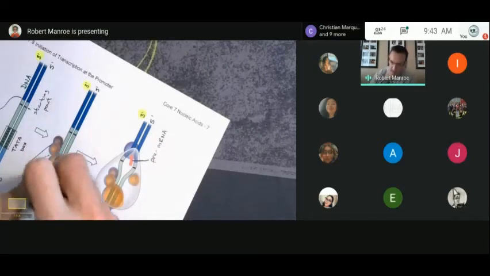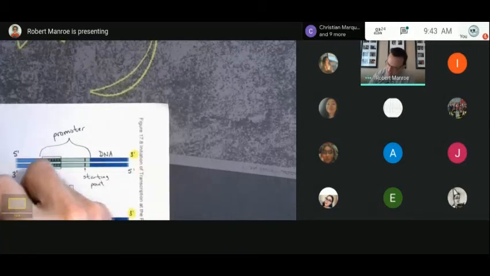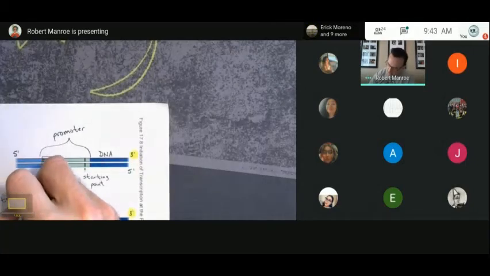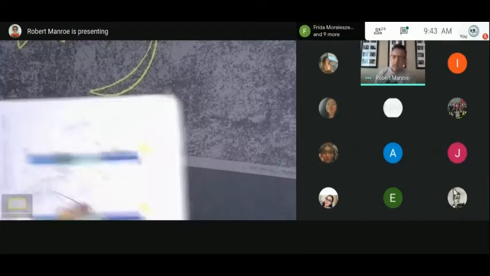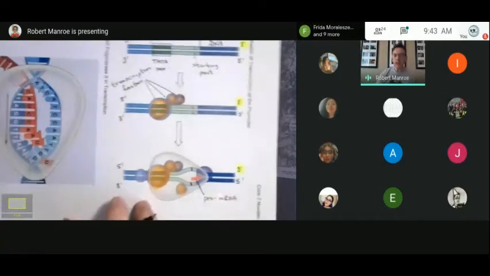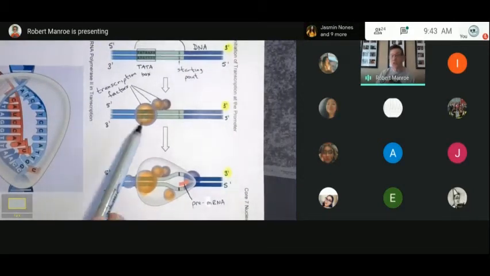So these three guys here, these are called transcription factors. And these are proteins that will either activate the gene or shut it down. This is the switch of how genes are turned on and off by the cell.